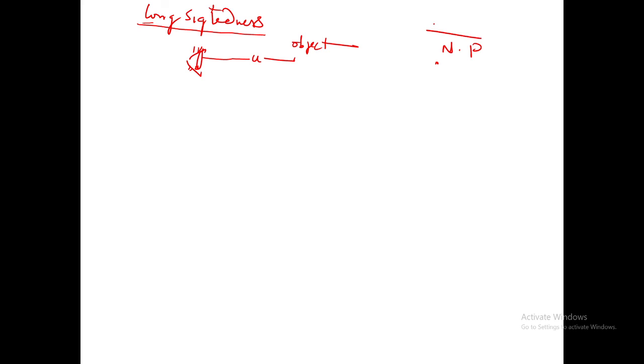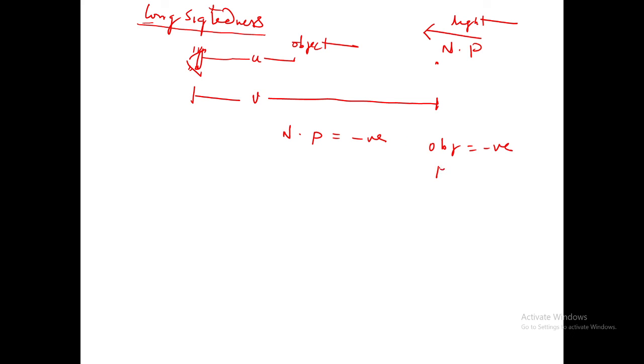Light is coming from right towards left, so of course this is your V. We take the direction of the ray as positive, so of course to the left will be taken as positive and to the right will be taken as negative. So near point is negative, object is also negative, and P is positive.